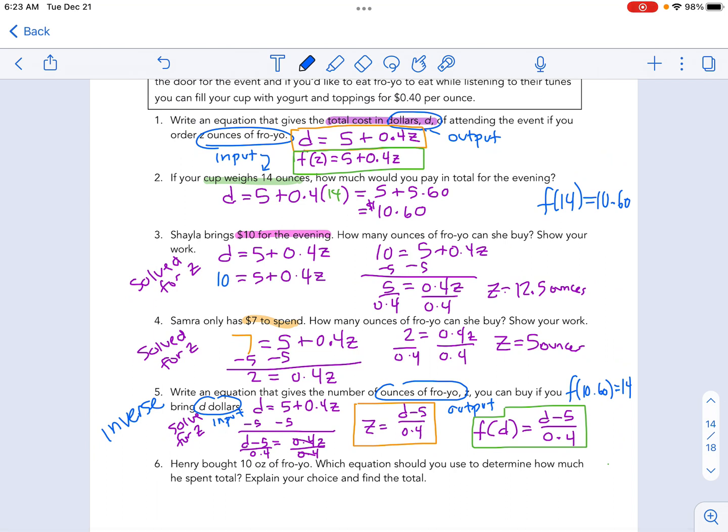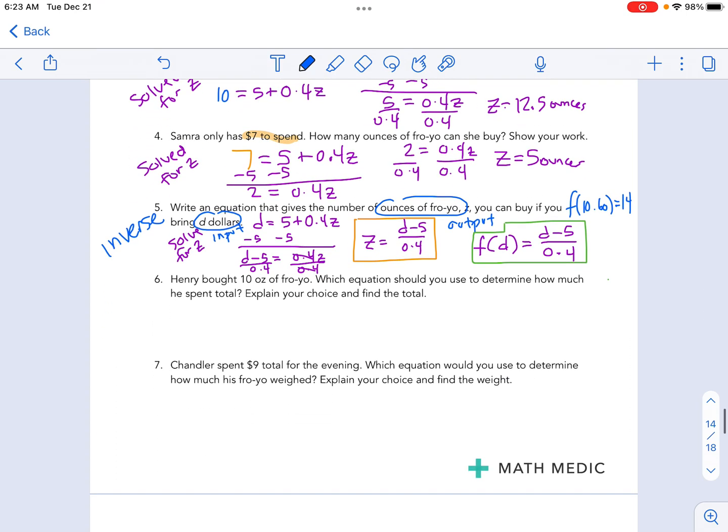So if you notice that that inverse is swapping what we would call maybe the x and the y coordinate. It's swapping the output and the inputs, basically.